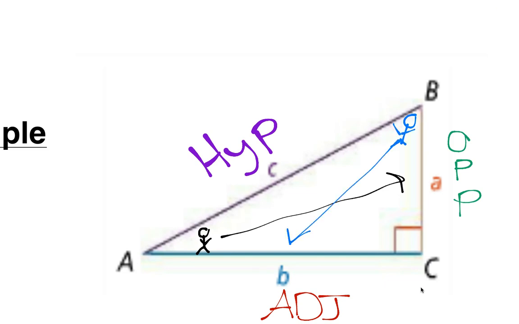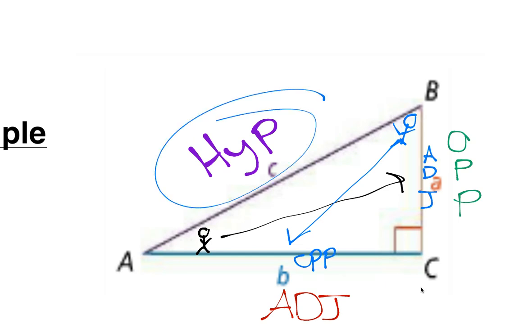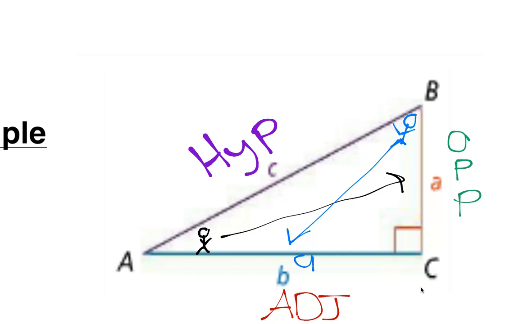Now this would be opposite, and this would be adjacent. Notice hypotenuse always stays put. So we have to make sure we understand that adjacent and opposite, it all depends on what perspective or what reference angle we are talking about.